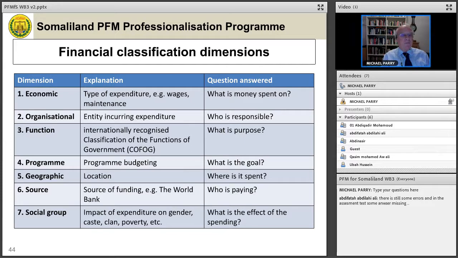And if you want to focus more money on females, then you will need to look at the type of expenditure organized and presented in a way that reflects that. And you can also use this to measure the impact on castes, on clans, on poverty, on ability or disability, for example. Now, that's getting quite sophisticated, but it can be very important indeed.